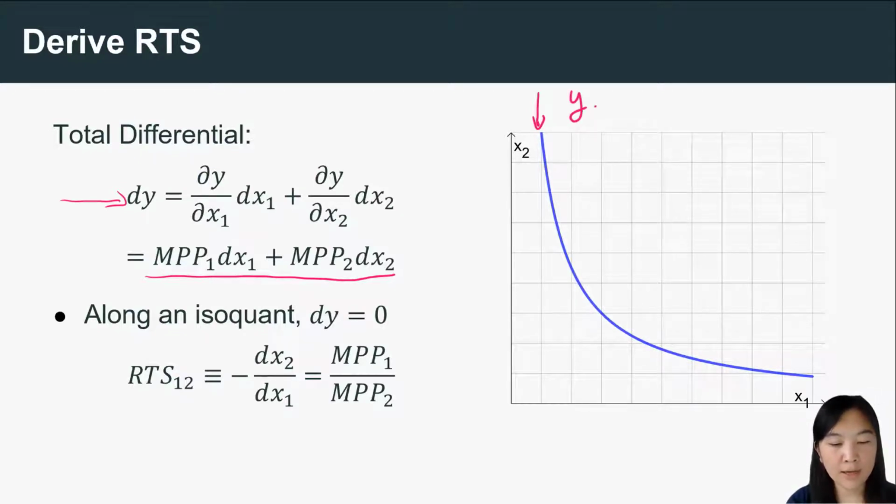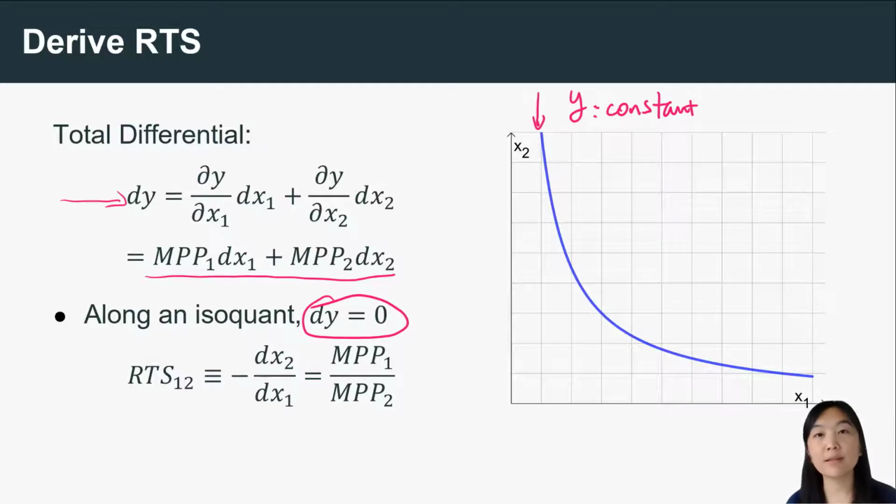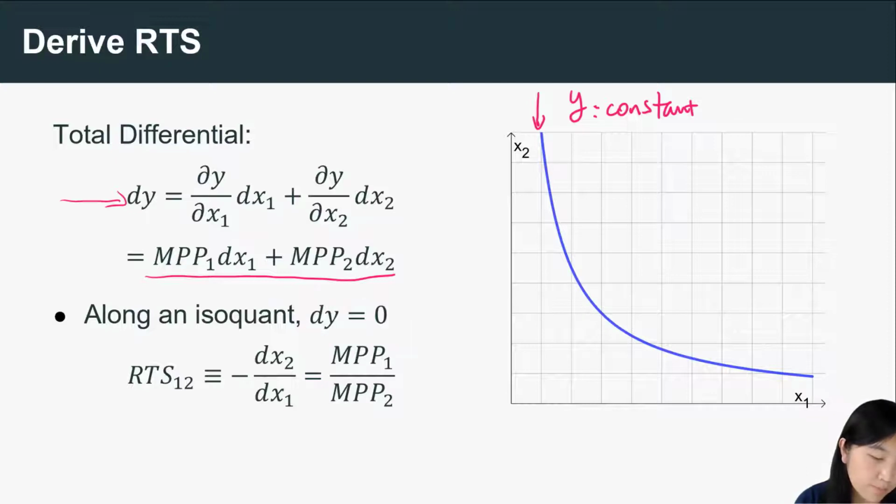And if your y is fixed, then your change in y is 0. As long as you are staying on this isoquant curve, not jumping between different isoquant curves, then dy equals 0. So dy, this term on the left, will equal 0.